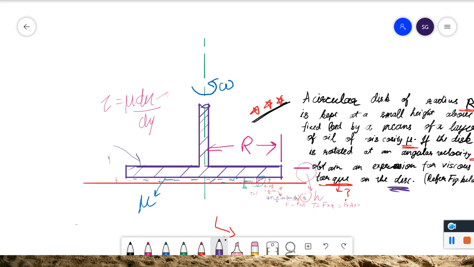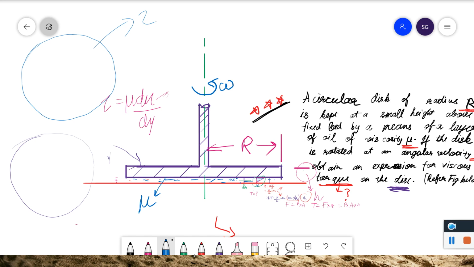This 2 pi r dr is due to the reason that when it rotates with the angular velocity omega, it will form something like this circle. You agree or not? Because it is moving, and this is the cross sectional view. If we see the top view, this disk will follow this rotation. You know that this is 2 pi r, isn't it?